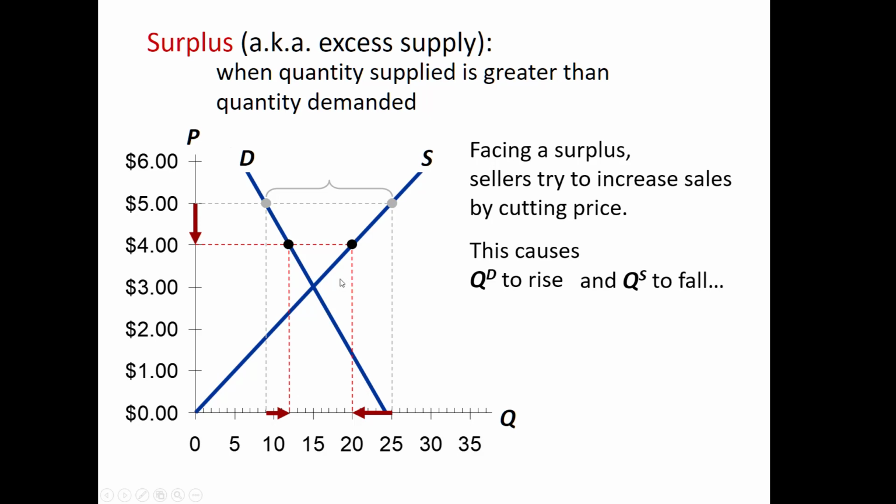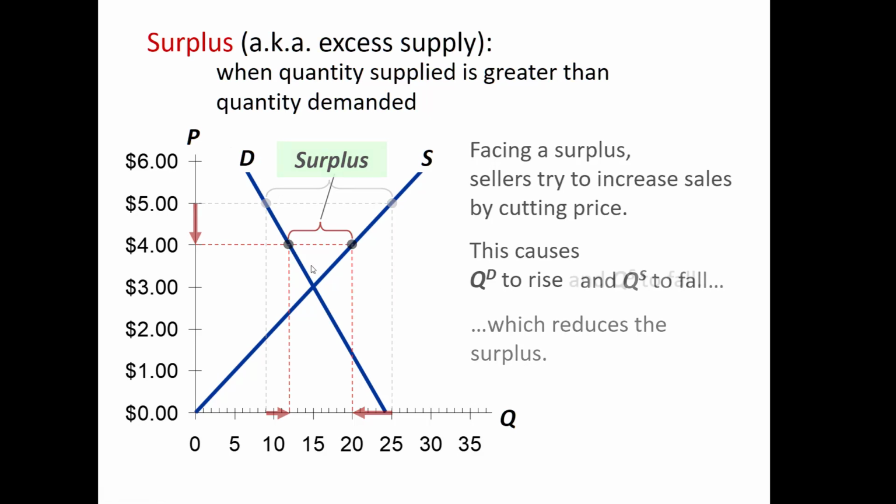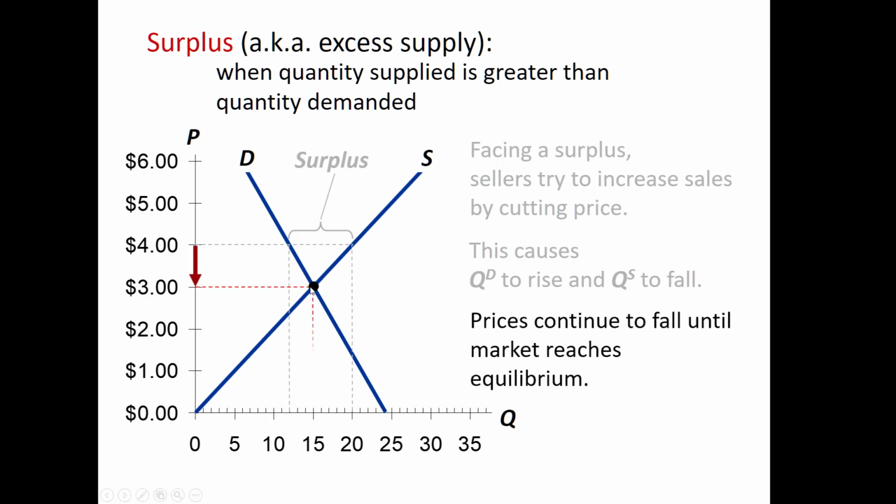As firms adjust and reduce the price, you can see that the size of the surplus is already reduced, but it's still not in equilibrium. But the process will continue until the market by itself reaches the equilibrium again. Firms will have incentive to reduce price because whenever the price is above the equilibrium one, supply will always be larger than demand. So this process will continue until we have the equilibrium.